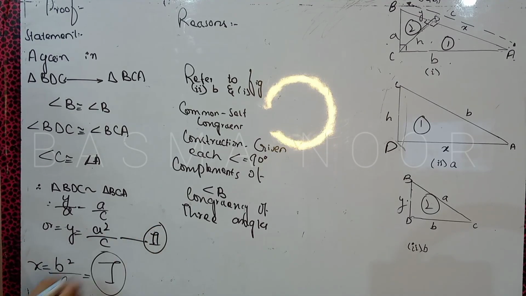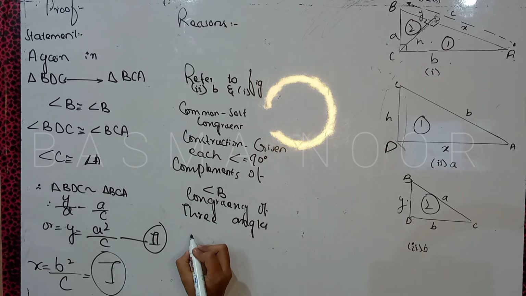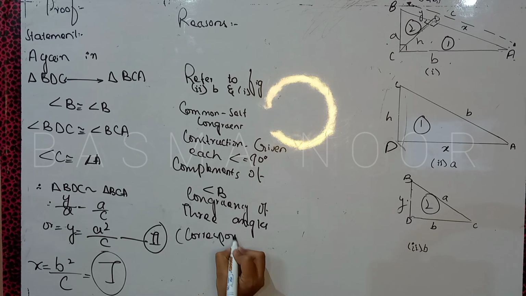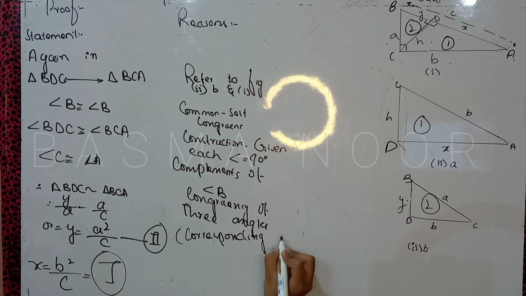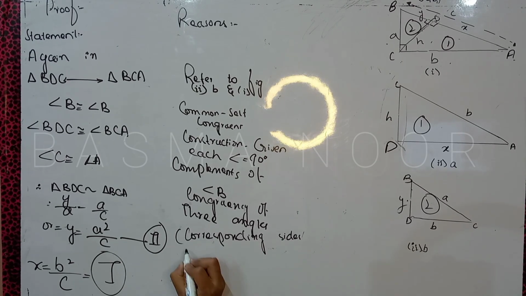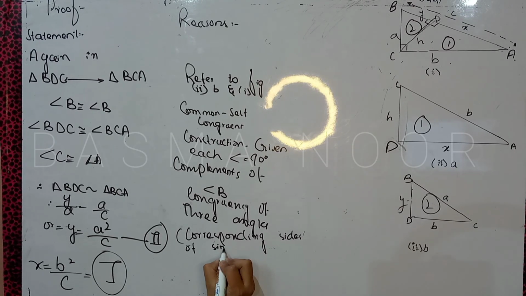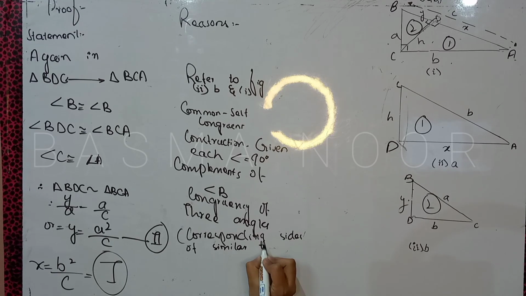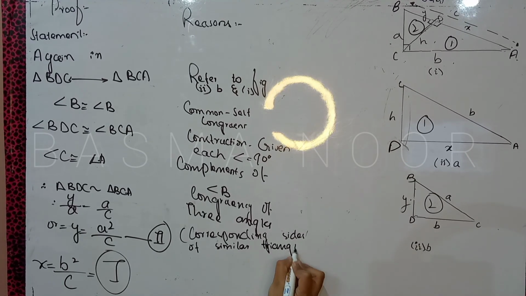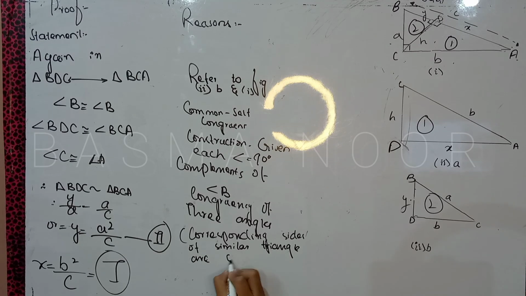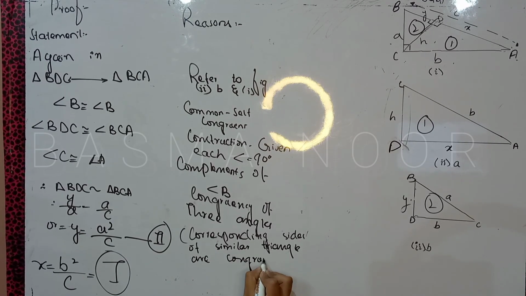So it is also showing that corresponding sides of similar triangles are proportional.